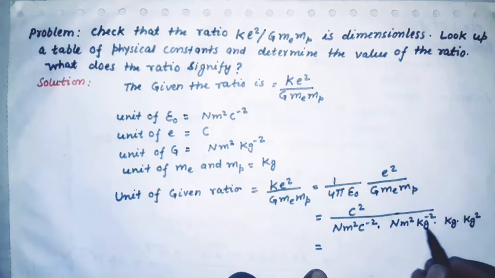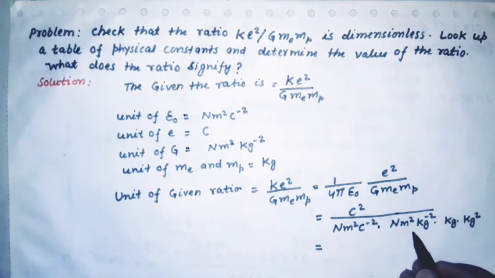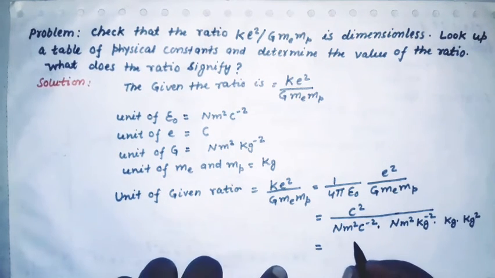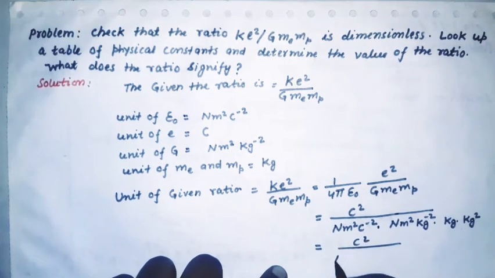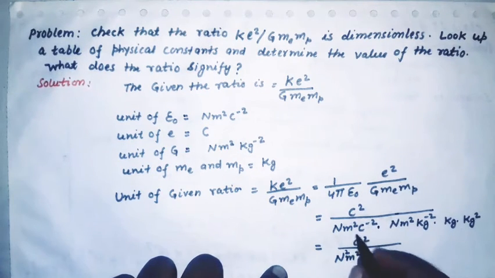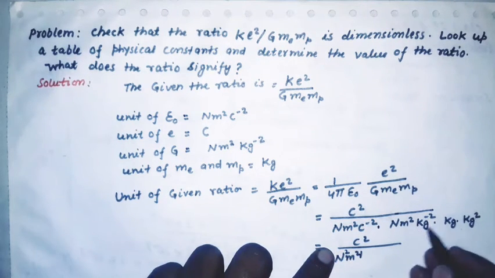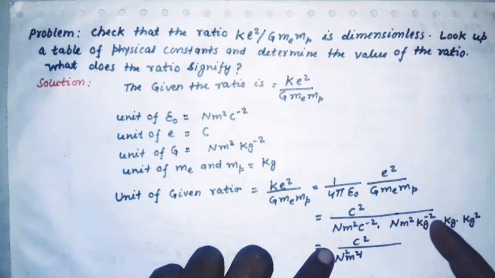So newton meter square and newton meter square, so newton square meter to the power 4. So 1 meter square is here and 1 is here. This and this will become 1, minus 2 plus 2, that means 0. So this will become 1.